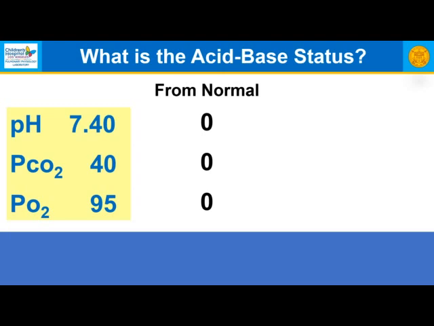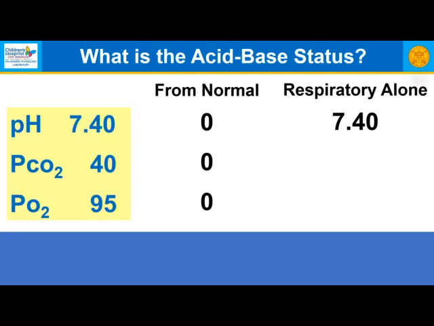PCO2 of 40 is a normal PCO2, so there's no difference here. The next question is what would be the pH for the PCO2 that we have. In this case, what would be the pH for a PCO2 of 40? And of course, it would be 7.40.